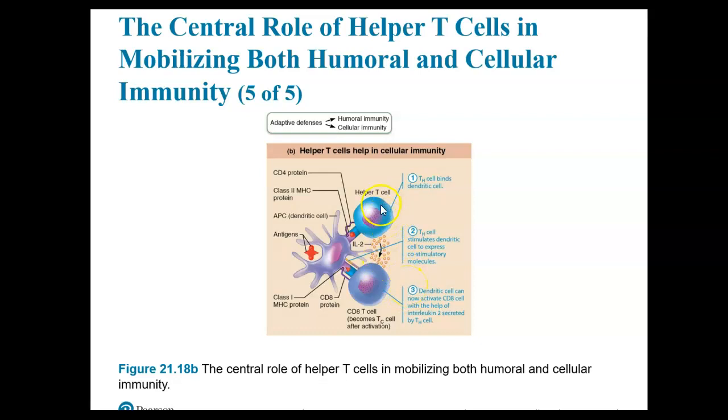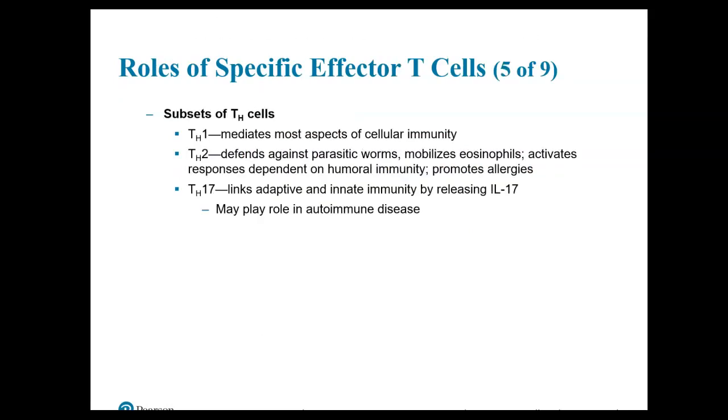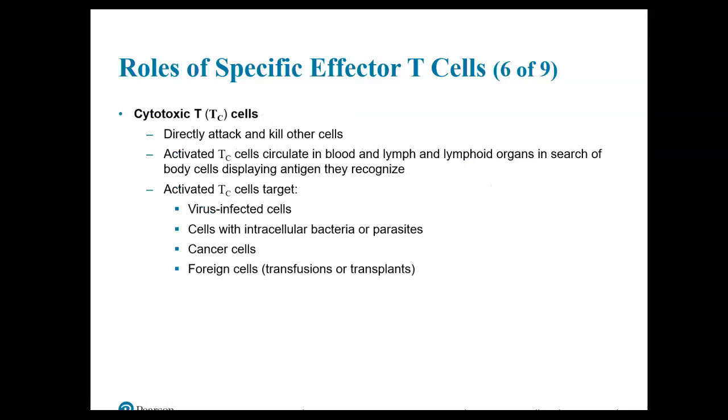So until that helper T cell recognizes the class 2 MHC protein on the antigen presenting cell and gives permission, basically, by secreting interleukin-2, the CD8 T cell cannot become activated. So this is a way of keeping your immune system from going crazy and killing cells that shouldn't be.